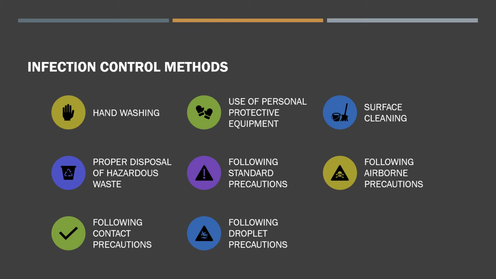This would include if you know that a patient has an infectious disease that can be transmitted through the air, through contact, through the spread of droplets, you just want to keep those patients isolated and in their own room.